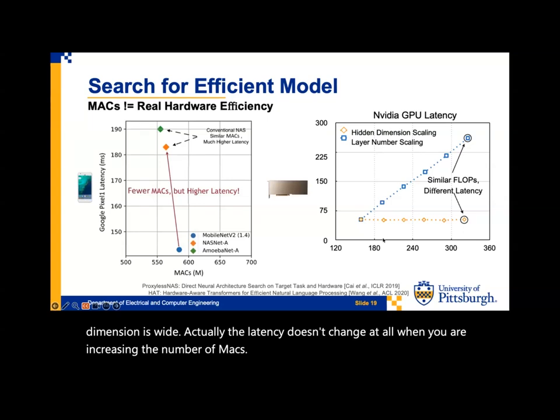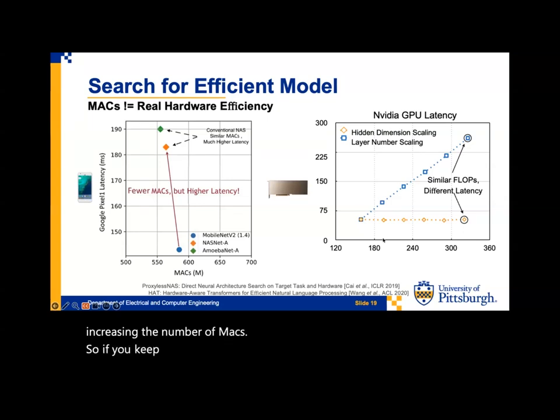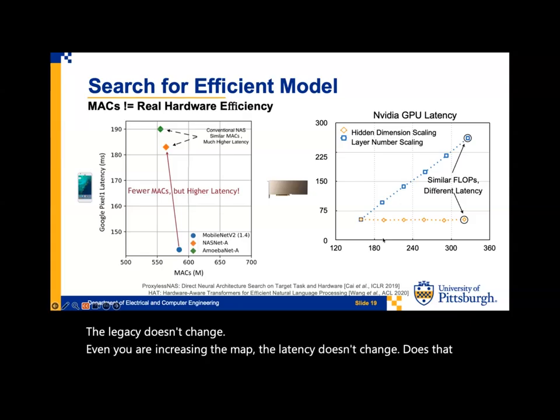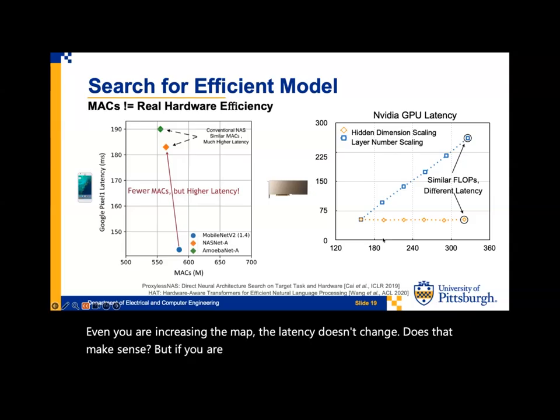So if you just keep increasing the width of these hidden layers, the latency doesn't change. Even as you are increasing the MACs, the latency doesn't change. Does that make sense? But if you are changing the number of layers, the latency.